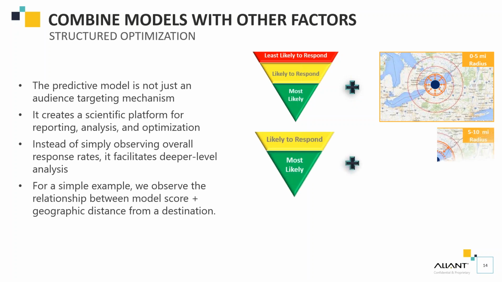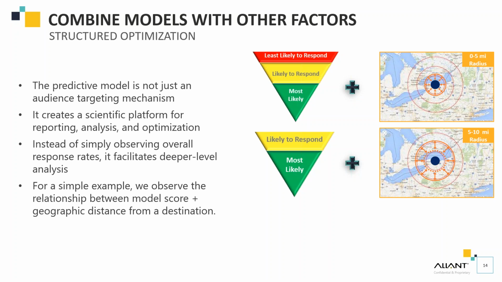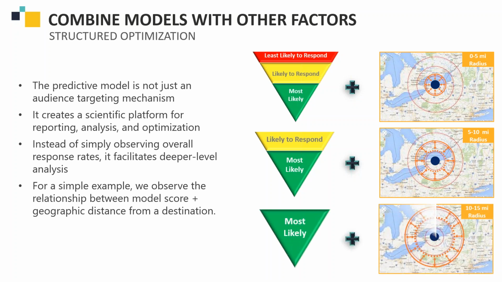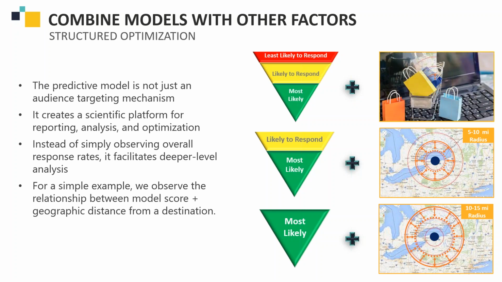As you get further out from the store, you can refine that audience selection. And if you get really far away from the store location, you can just focus on those that are most likely to respond, optimizing your budget and optimizing response. And clearly, if online purchasing is your main channel, then you don't have to worry about that at all, and you can cast a much wider net without that geographic parameter.